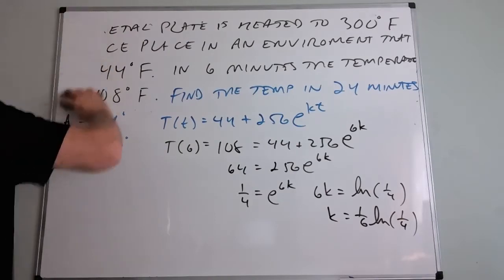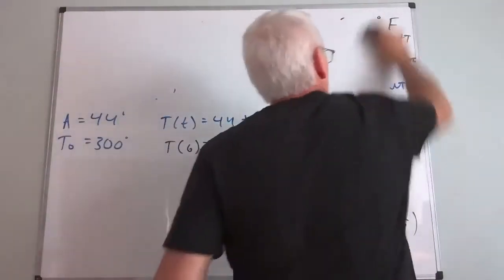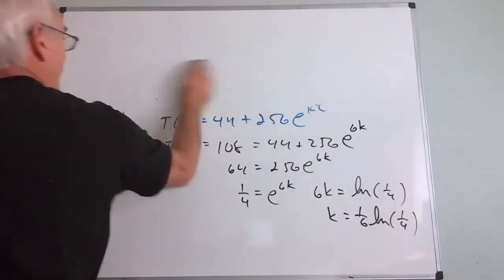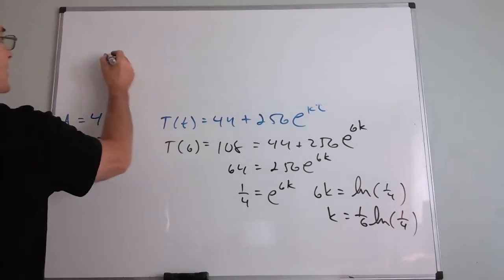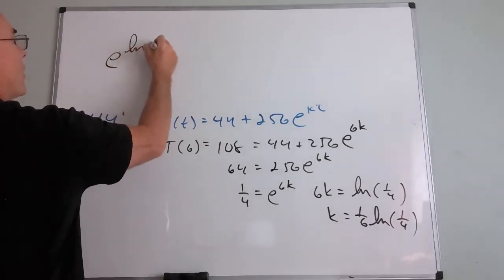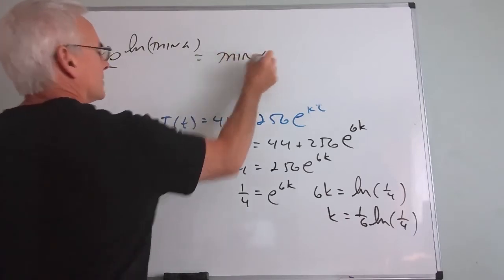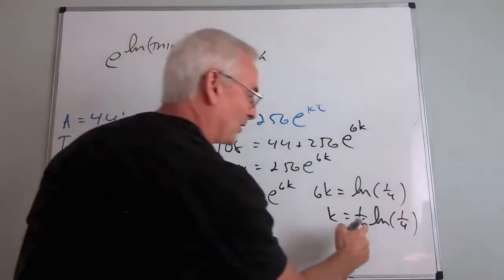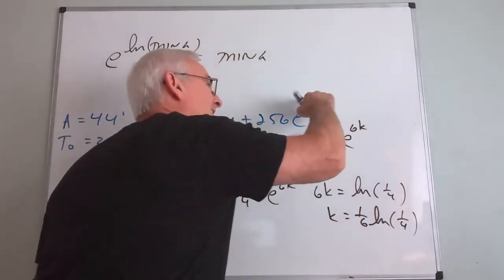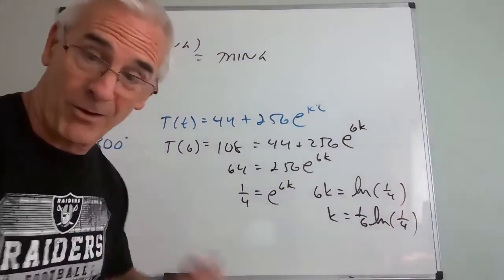Now I'm going to erase this because I need the space. I want to remind you of one of the most basic properties of logs and exponentials: if I have e to the log of thing, that just equals thing. The e and the log undo each other. Since my k involves a logarithm and already lives in an exponent, it'd be much easier to just go e to the log.